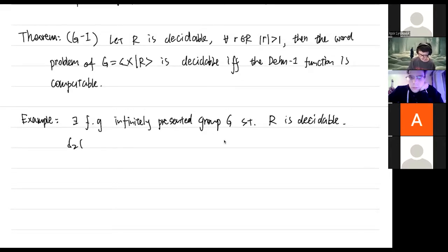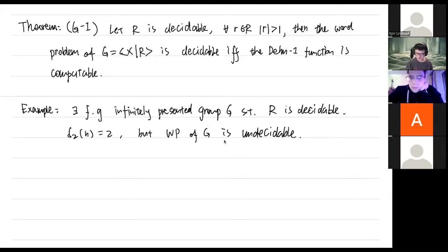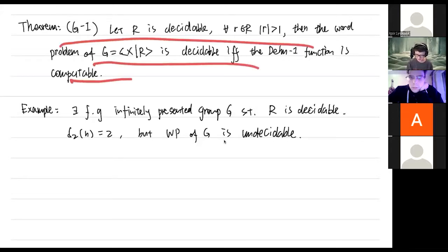Actually, the Dehn function is equal to 2 for every n. So it's recursive, but the word problem of G is undecidable. These groups are usually called recursively presented. So basically, the Dehn function does not have such nice behavior.